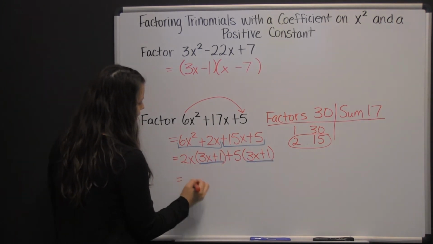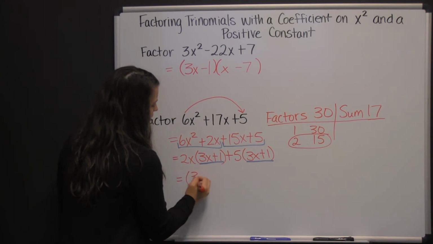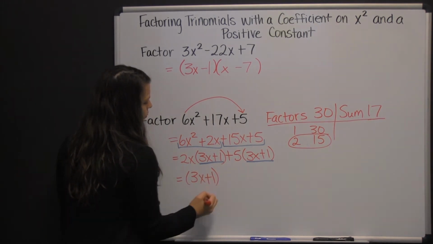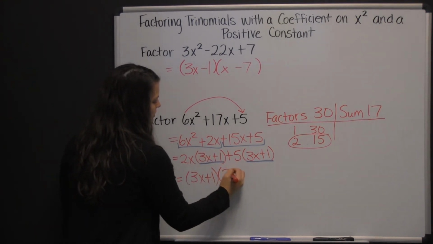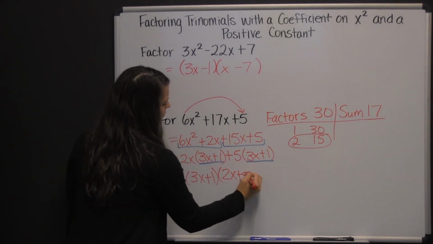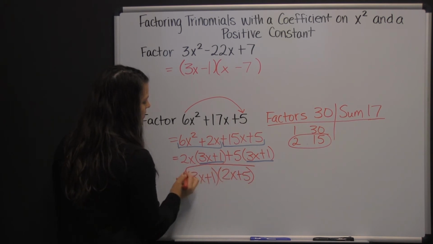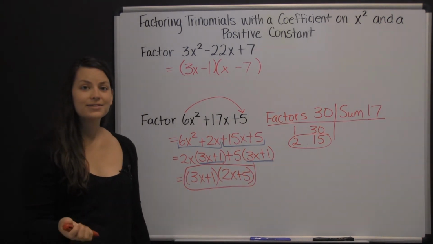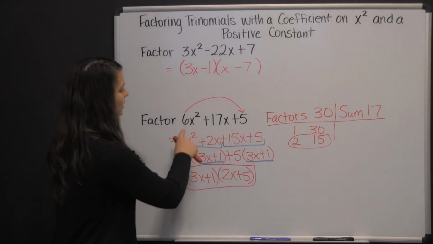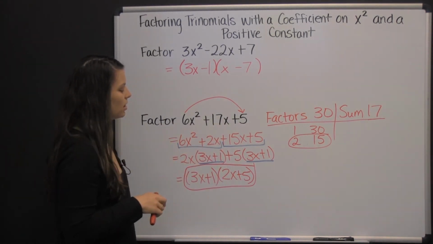So now we're going to factor out that GCF, 3x plus 1. When we factor out that GCF, we're left with 2x plus 5. And that is our trinomial factored. You can FOIL it to check and see that it really is 6x squared plus 17x plus 5.